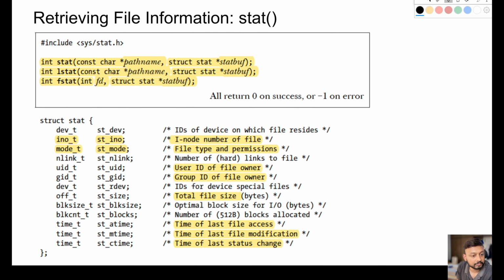It is also possible to retrieve all the attributes that we see in the ls -li command for a file in a program as well, using a stat function call. This is a function that is defined in stat.h, and we have to pass the name of the file that we are trying to stat and the memory location of this structure type.